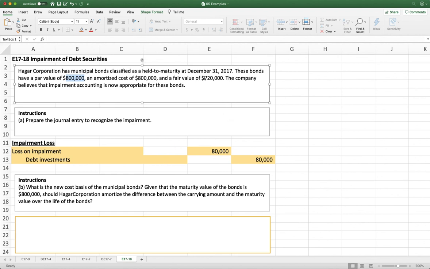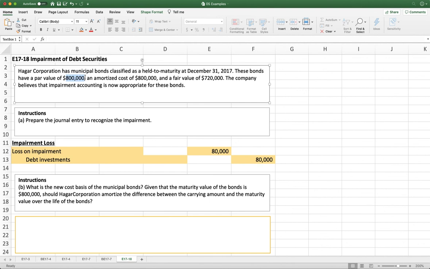Now we're saying we just adjusted our asset account to $720,000. So we've created a difference between our balance sheet and the face value of our debt instrument. And normally when that happens, we amortize the difference so that at the end of the contractual life, our asset is equal to that face value.